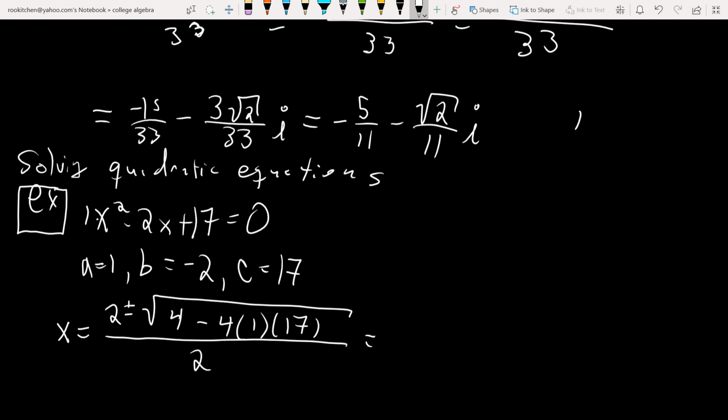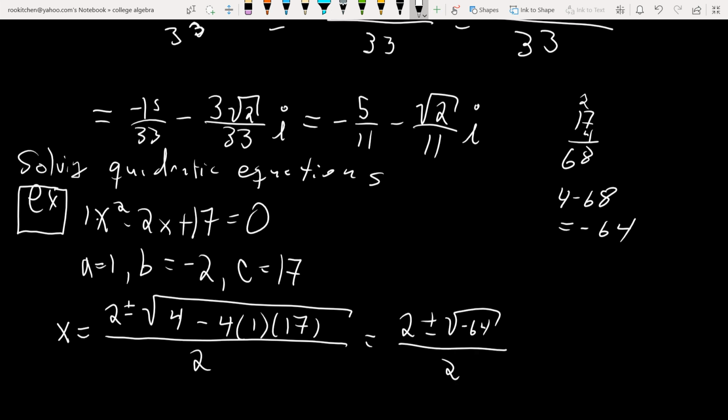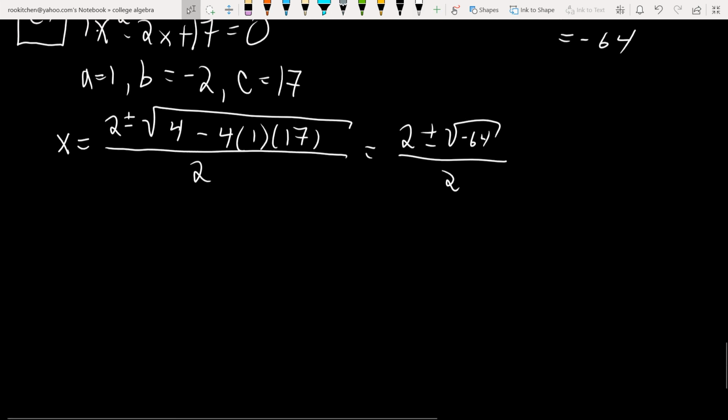So let's look at 17 times 4. 7 times 4 is 28, bring up the 2, 4 for 68, and it'll be 4 minus 68 in the discriminant, so minus 64. So that'll be 2 plus or minus square root of negative 64 all over 2. Then, of course, march out the imaginary unit.